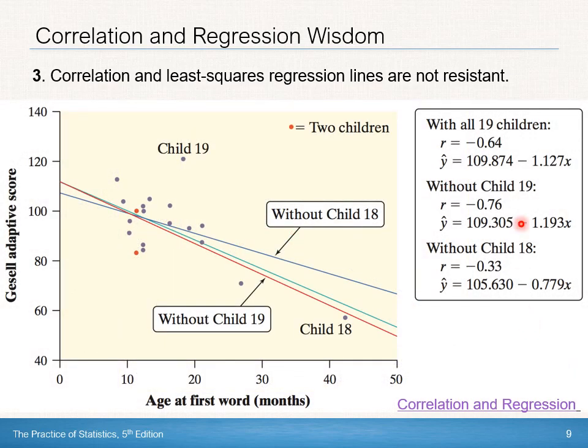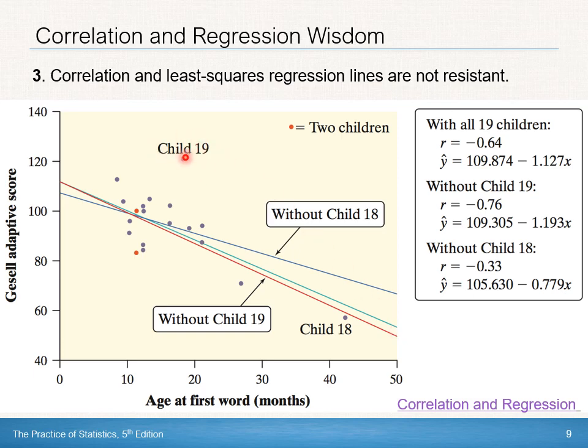So here we can see, if we use all 19 children, what the slope of the line is and what the correlation is. The correlation is moderately strong at 0.64. It's negative, of course. And that's the green line, with all 19 children in. All right, so what if we took out this child here, child 19?